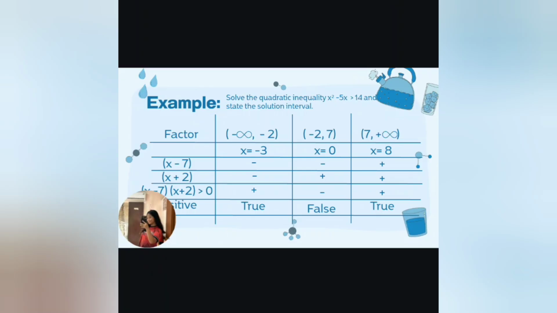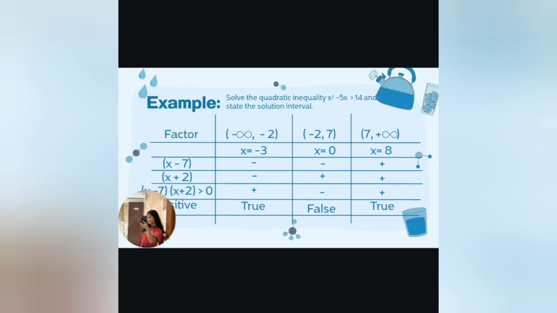So 0 minus 7 equals negative 7, and 0 plus positive 2 gives us positive 2. Just like what we did, we multiply. Negative times positive gives us negative, as I said, since unlike signs give negative. Since it is negative, the answer is false. Am I right? Yes.